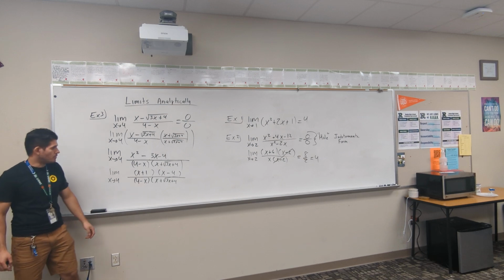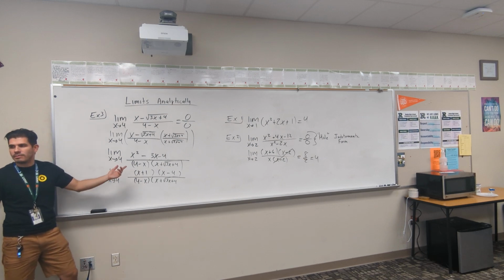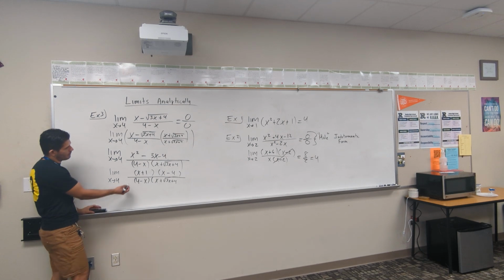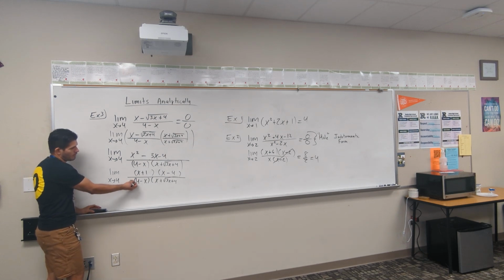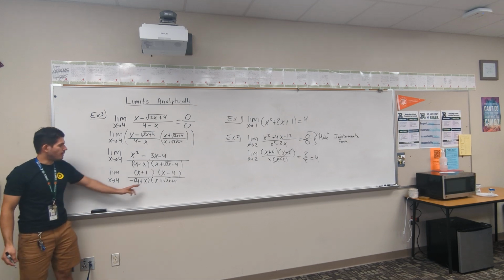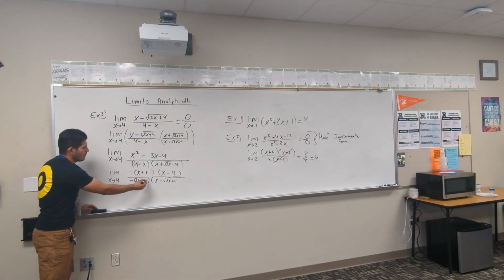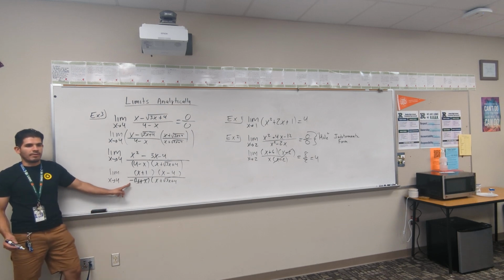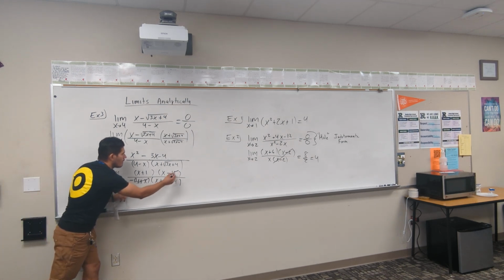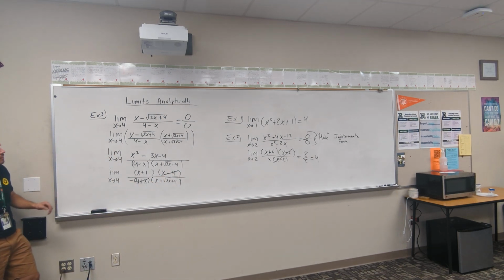Cool? Alright, so what would you rather do? The negative in the bottom or the negative in the top? Bottom. So if I factor out a negative here, this becomes negative, this becomes negative, this becomes positive. So then x minus 4 and x minus 4 would cancel out, but now I still have this negative down here, right? And that cancels. Okay.